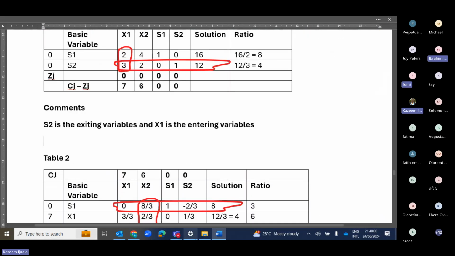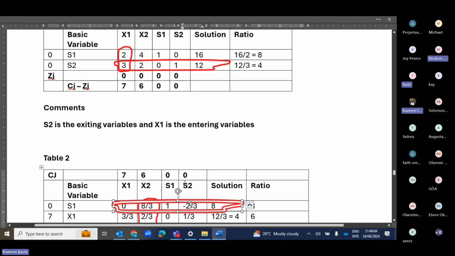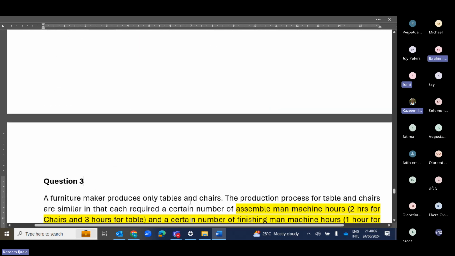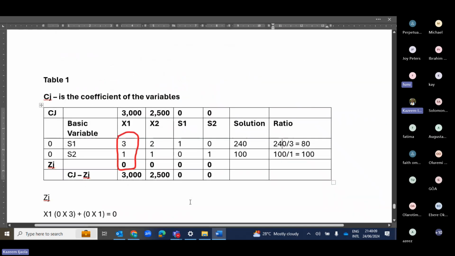So that 80 is my key row. The place where I have 80, you will circle it from beginning to end. That's my key row. So you can see my key column and my key row.